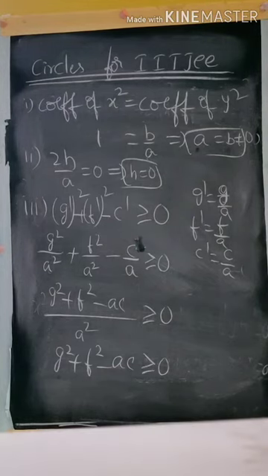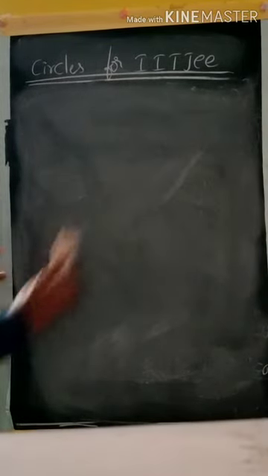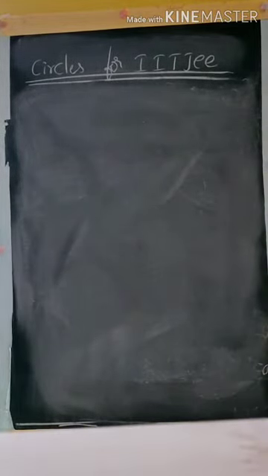Next, in this video only we are going to discuss the next concept, the equation of the circle having x1 y1 and x2 y2 as the extremities of the diameter.